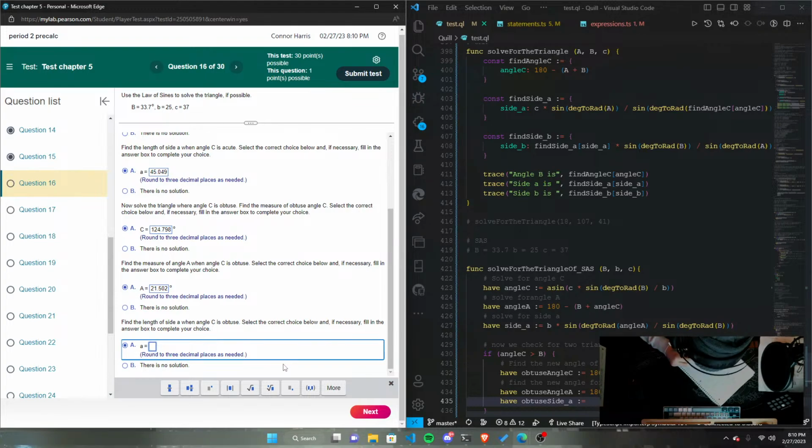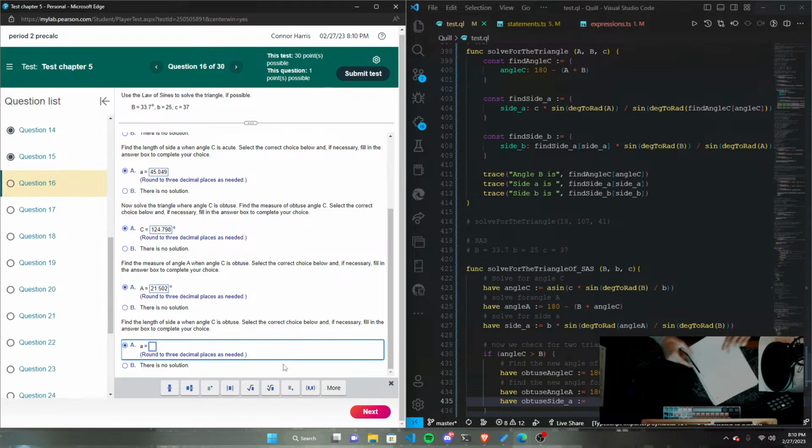So we would have 25 times the sine of the new A, divided by the sine of B. Or would B stay the same here? Because we didn't change B, it would still be 33.7.